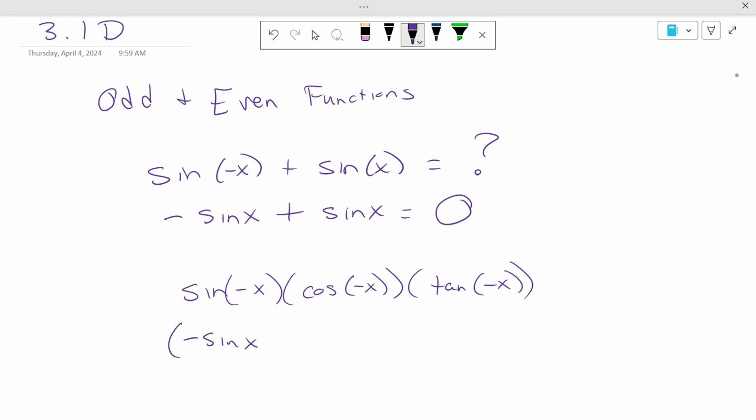Negative sine of x. What's the cosine of negative x equal to? Just normal cosine of x. What's the tangent of negative x equal to? Negative tangent of x. And negative tangent of x is negative sine of x over cosine of x.